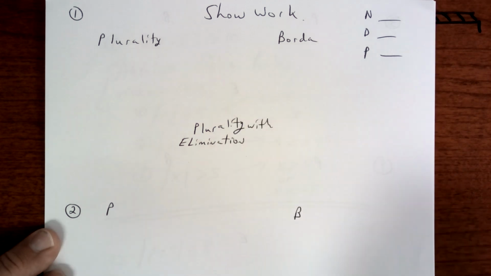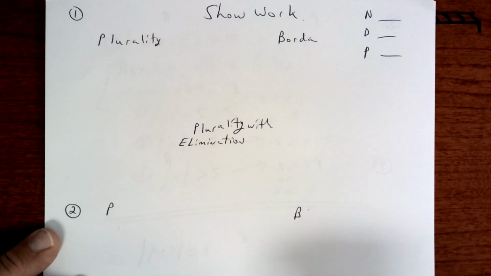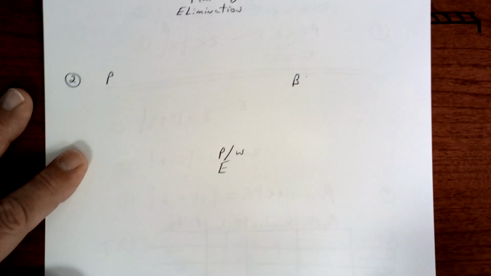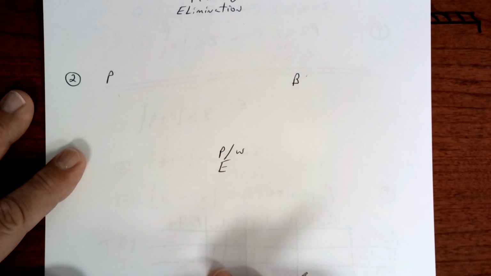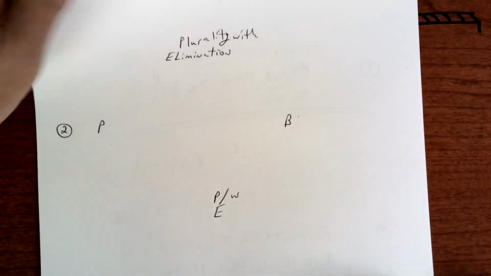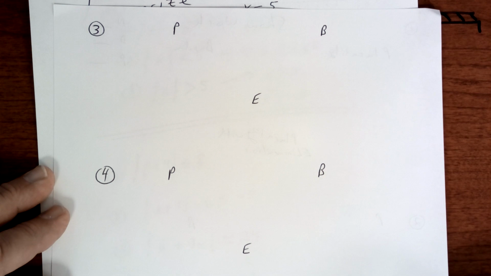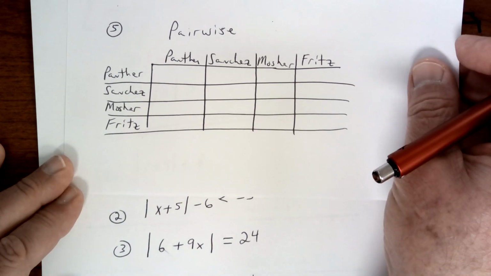Same way here. Plurality, Borda, and then plurality with elimination. That's 1, 2. And then on the back, 3, 4. And number 5, I want pairwise, head to head.